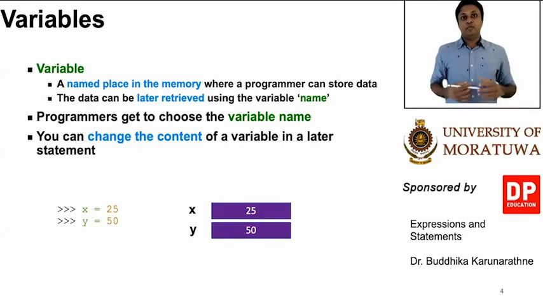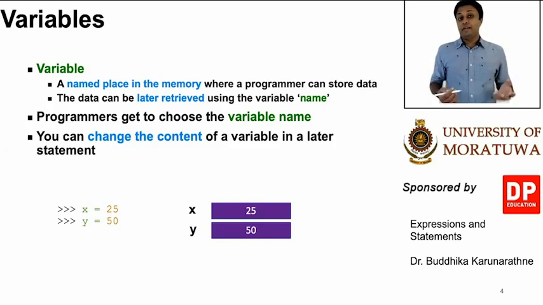Now we move on to introduce variables. This is a very important concept in computer programming. We need to deal with data all the time. A variable is a named place in the memory where a programmer can store data. This stored data can be later retrieved using the variable name. Choosing the variable name is up to the programmer. You can even change the value of a variable at a later stage.